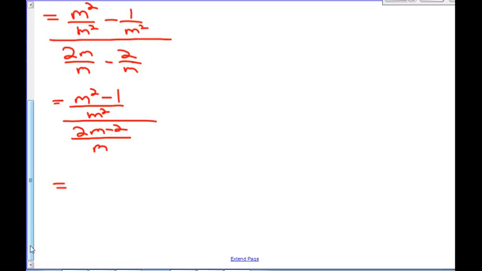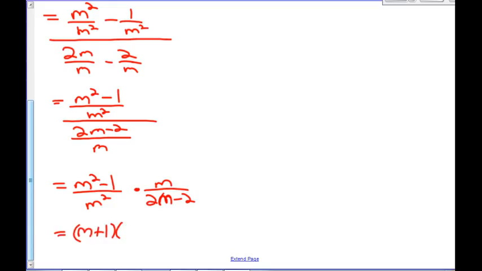Now I'm going to flip and multiply: m squared minus 1 over m squared times m over 2m minus 2. I should really factor these so that I can see what's going on. Maybe there's something that can divide out. So m squared minus 1 is m plus 1 by m minus 1 all over m squared, times m over 2 by m minus 1.